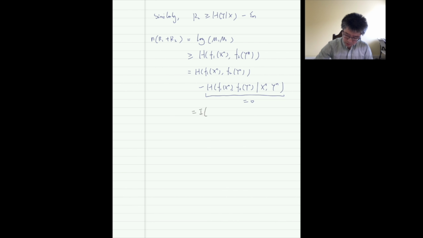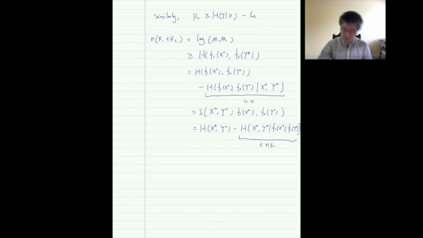This is the mutual information between (X^n, Y^n) and (f1(X^n), f2(Y^n)), okay? And then we need to write the mutual information in another way. Okay, and clearly this can be upper bounded by n times epsilon_n because of the Fano, right?